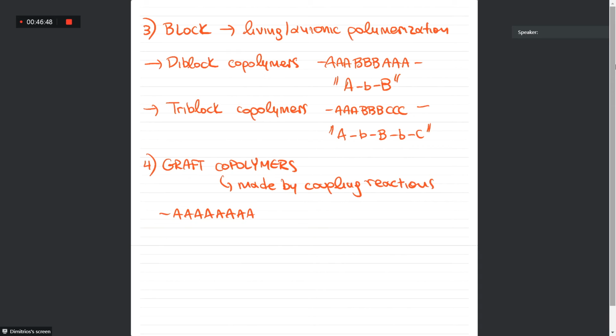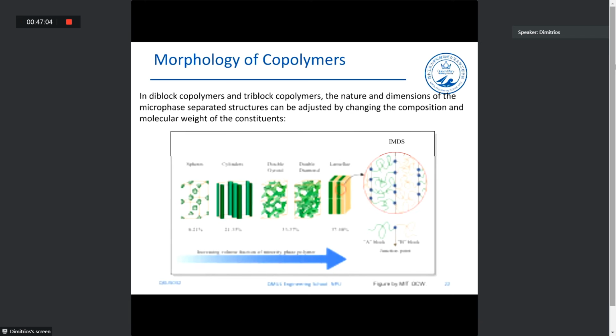And so on. So these are the categories of copolymers. Okay. And let's look at the morphology now.